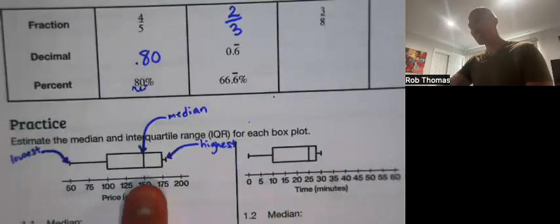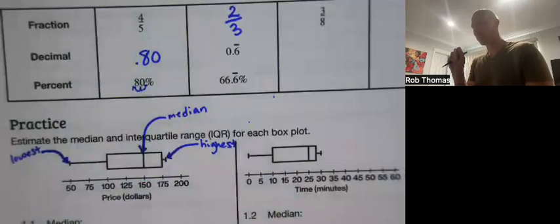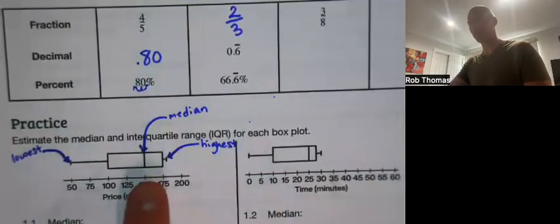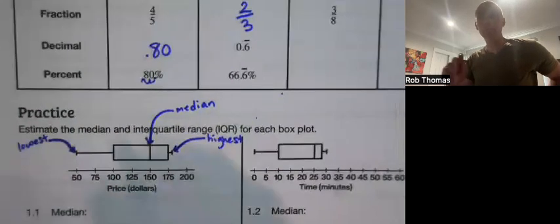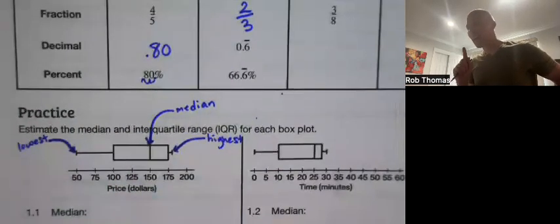So you can't necessarily always assume that there was actually a piece of data that fell at exactly $150 for this one. Most of the time there probably is, but not every time.